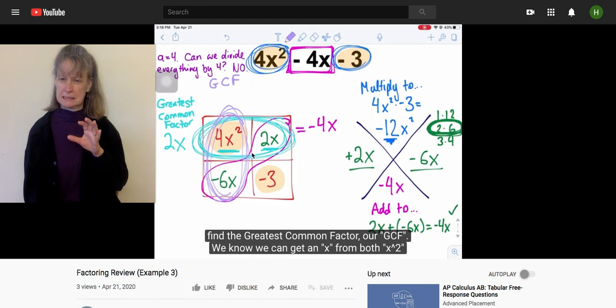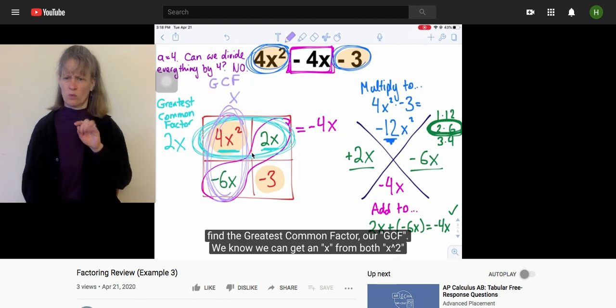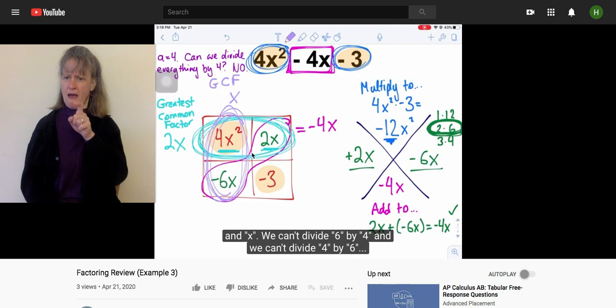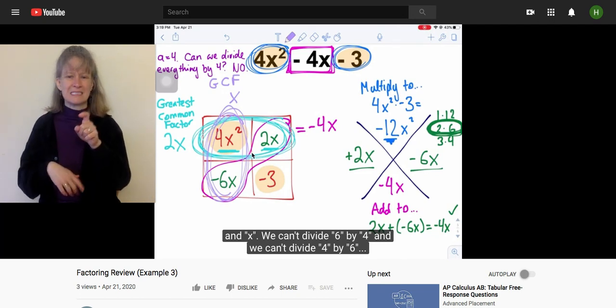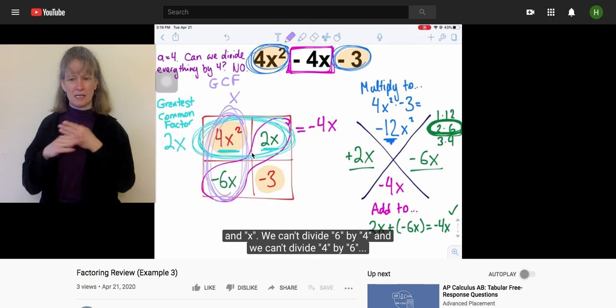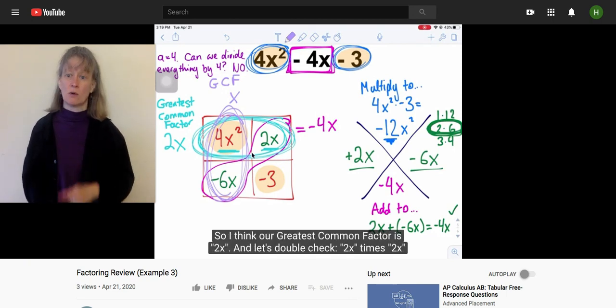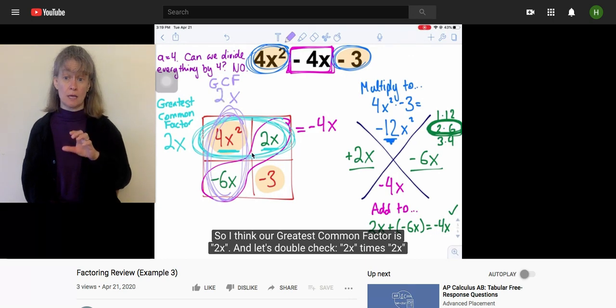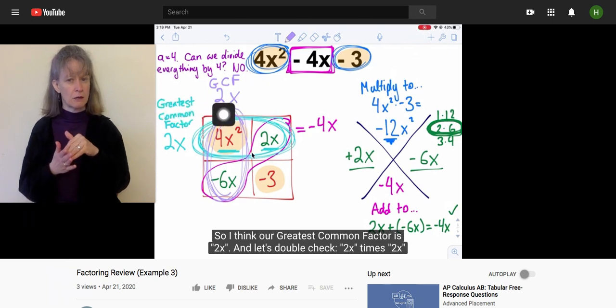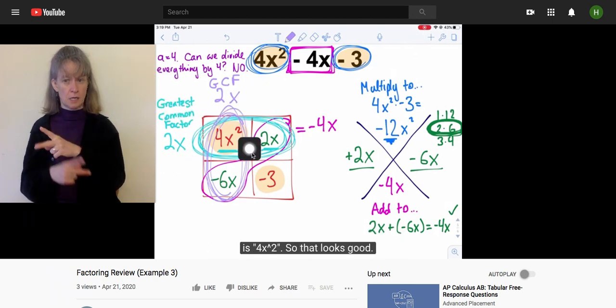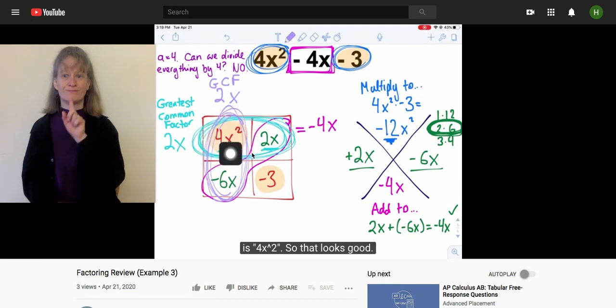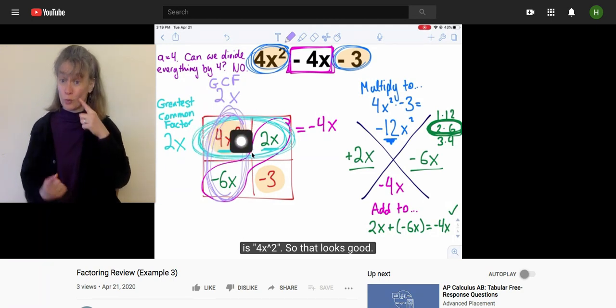We know we can get an x from both x squared and x. We can't divide 6 by 4, and we can't divide 4 by 6. So I think our greatest common factor is 2x. And let's double check. 2x times 2x is 4x squared. So that looks good.